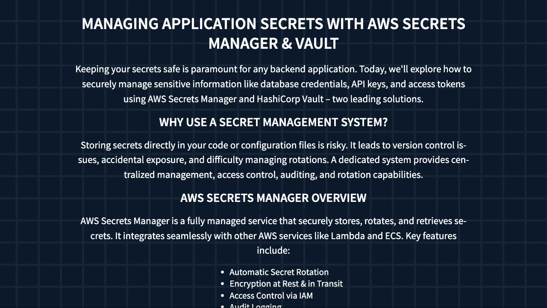AWS Secrets Manager is a fully managed service by Amazon. It's really easy to integrate with other services they offer. And Vault is an open source option that's incredibly flexible and allows you to manage secrets across different environments. When making your decision, think about how easy it is to use, what resources it needs, and of course, the specific security needs of your team.